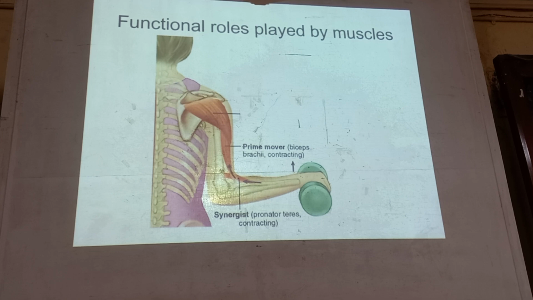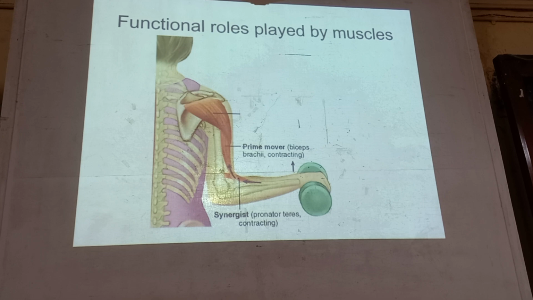Let me give you yet another example of synergism. There are muscles which flex the wrist joint. There are muscles which extend the wrist joint. There are muscles which flex the fingers. There are muscles which extend the fingers. We are talking about four sets of muscles.